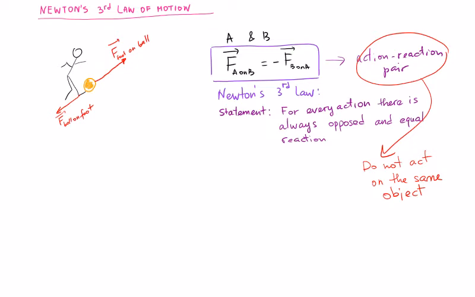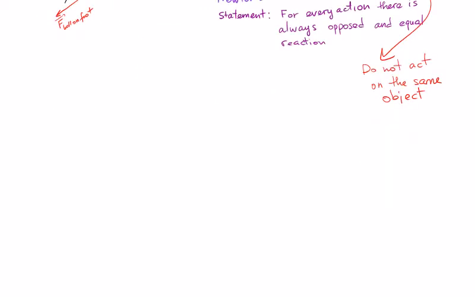To understand this better, let's consider a situation where a block is sitting on a table and the block has a mass m. And let's see what are the forces on this block.